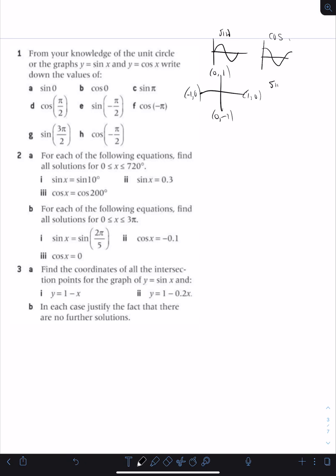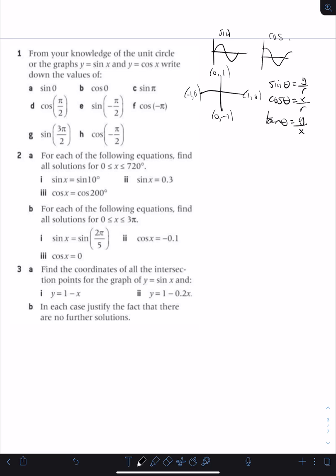And you know that sine is opposite over hypotenuse. Cosine is equal to x over r, and tangent is equal to y over x. So if you have that, you can kind of figure it out.